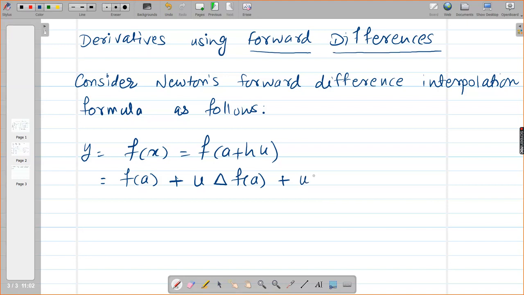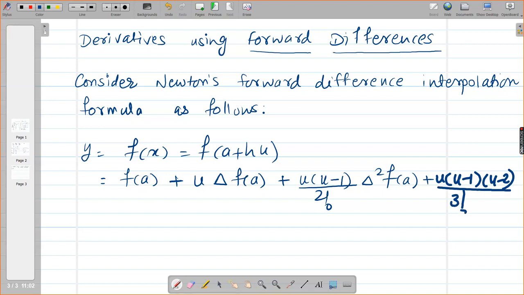Yes, u into u minus 1 upon 2 factorial into delta square f of a, plus u into u minus 1, u minus 2 upon 3 factorial into delta cube f of a, and so on. This is the formula we used to consider, right? Now let us write one more term.